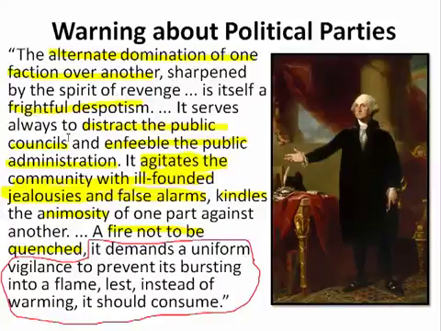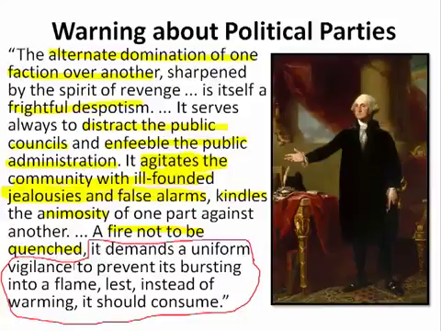It serves always to distract the public councils and enfeeble the public administration. It agitates the community with ill-founded jealousies and false alarms. It kindles the animosity of one part against another, a fire not to be quenched. It demands a uniform vigilance to prevent its bursting into a flame, lest instead of warming it should consume.